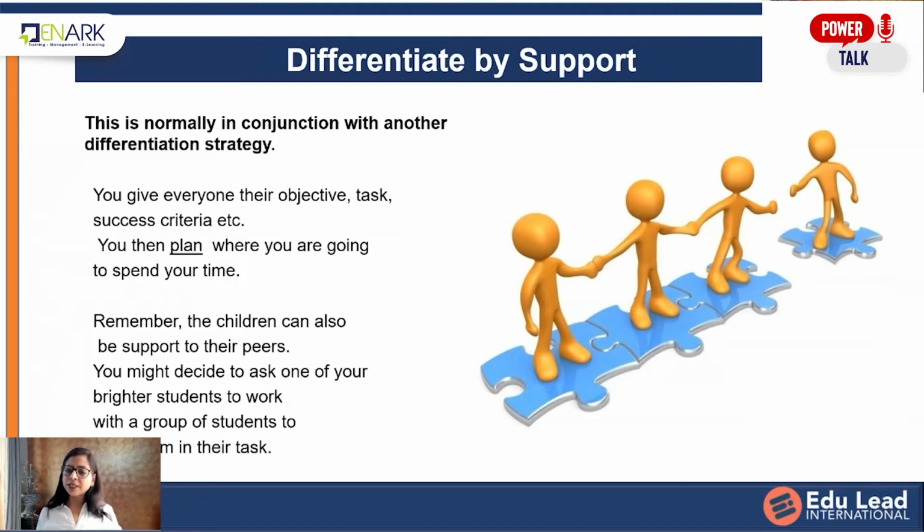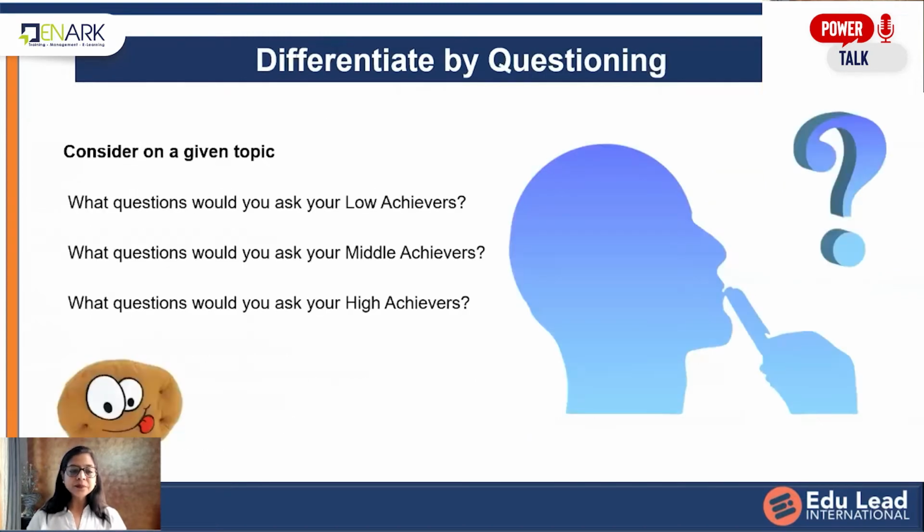So the groups are formed in such a manner, and the teacher can give different tasks to different groups based on their skill level. Along with that, the teacher may also decide to spend more time with the low achievers so that they are able to get the right kind of support to understand the concept, right? So this is differentiation by support, where there is peer support as well as the teacher support which is available.